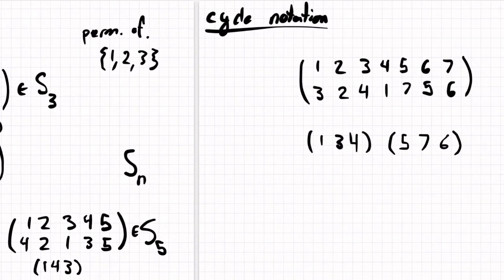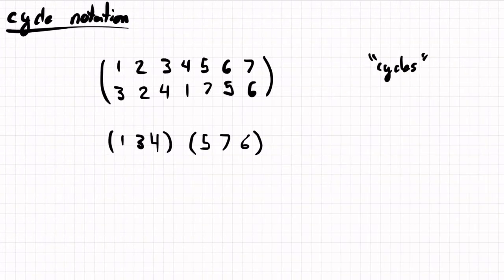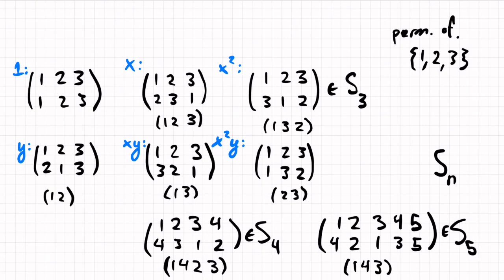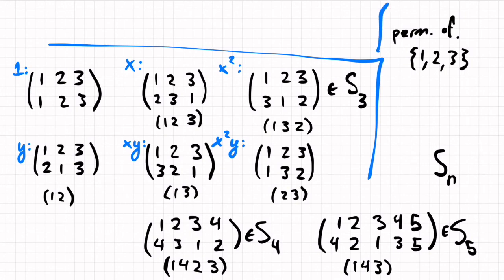So now let's do a simple example. Why don't I multiply 2 of the cycles which are in S3 here. I'll do that up here. So let's multiply x and y.